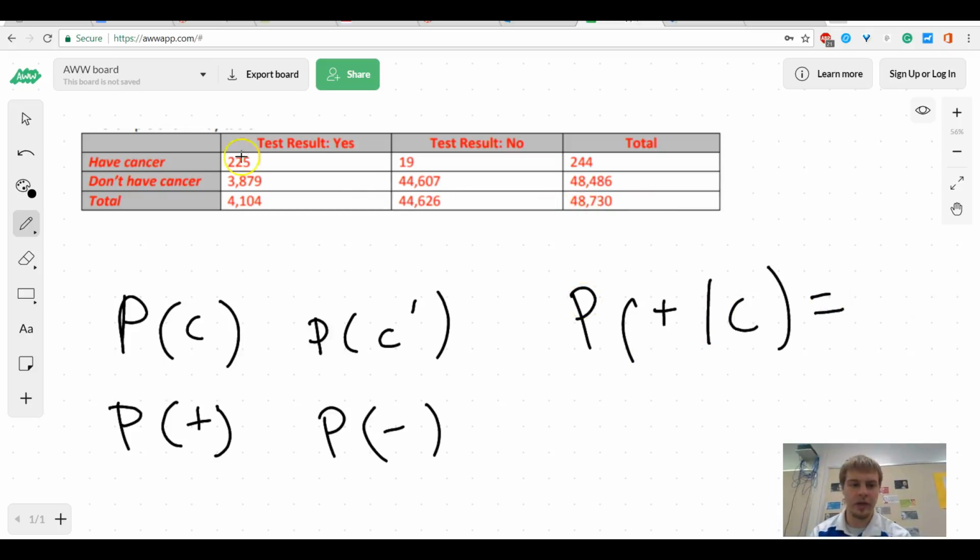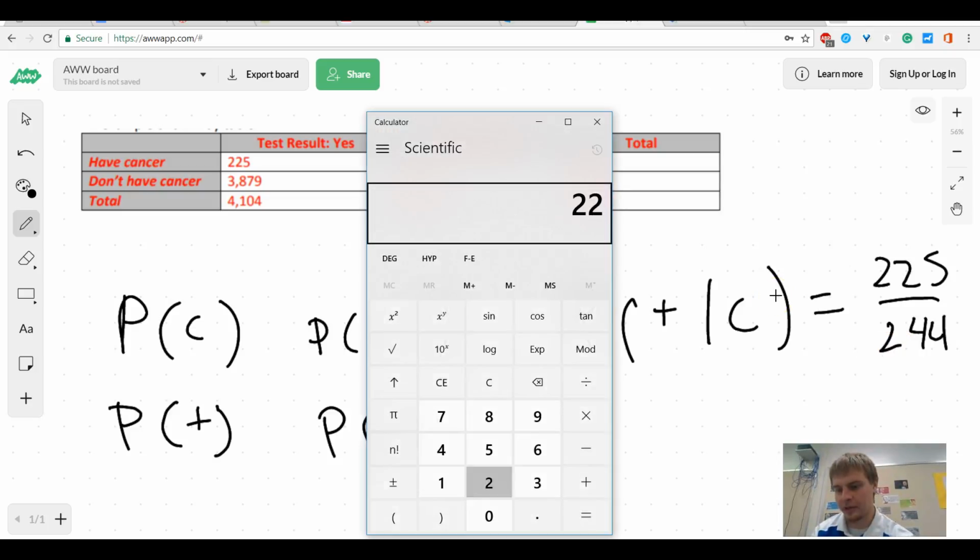For this one, the total number of people that have cancer is 244, so that's what's going to go on the bottom. And if you have cancer, the number of people that tested positive is this 225. So that would be this probability right here. We could do that on our calculator, this divided by this, or 92%.